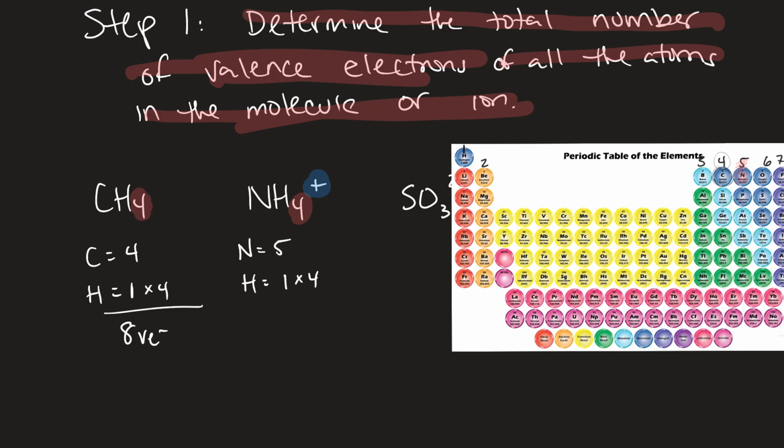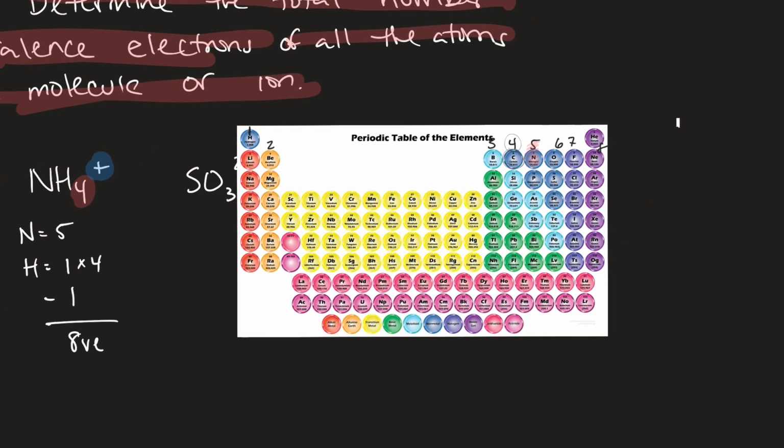Since this is a +1, we have to subtract an electron because it's positively charged. So I have a -1 here, and I'm going to add this up: 5 plus 1 times 4. 1 times 4 is 4, so 5 plus 4 is 9, but subtract 1, so I have 8 valence electrons in this case. Let's look at the next example.